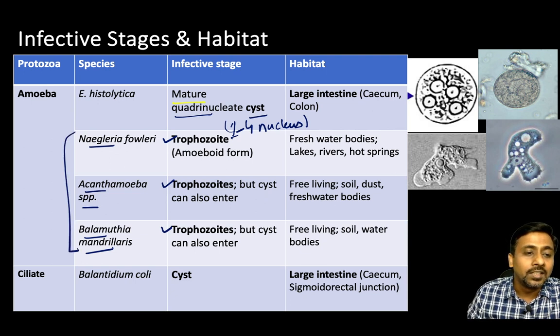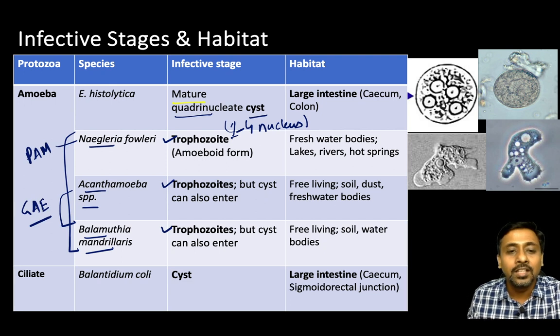The first one causes primary amoebic meningoencephalitis, whereas the other two are known to cause granulomatous amoebic encephalitis. Because of that, the infective stage will be the trophozoite, not the cyst, since it has to be motile to reach the CNS.